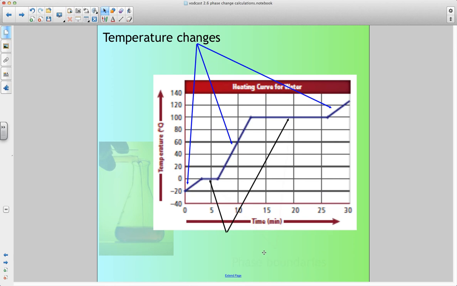So this is just to look at it a little bit more blown up. Once again, the freezing, boiling, temperature change. This is the heating curve for water. Okay, so we're going to do a couple calculations to help you out with these, and then this will continue on to some further calculations on our next podcast.